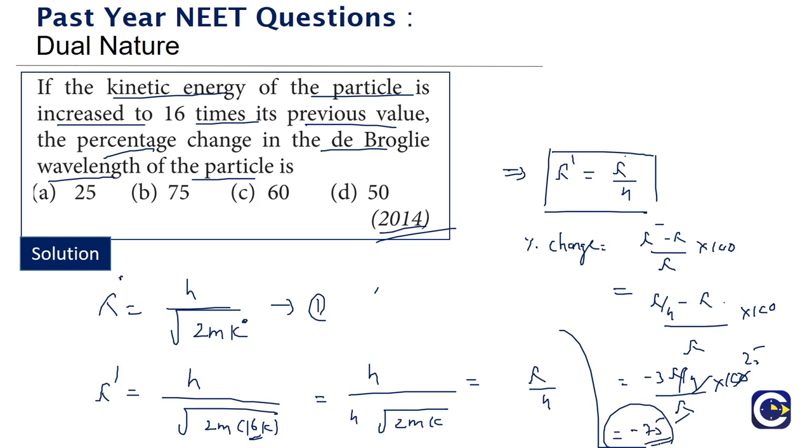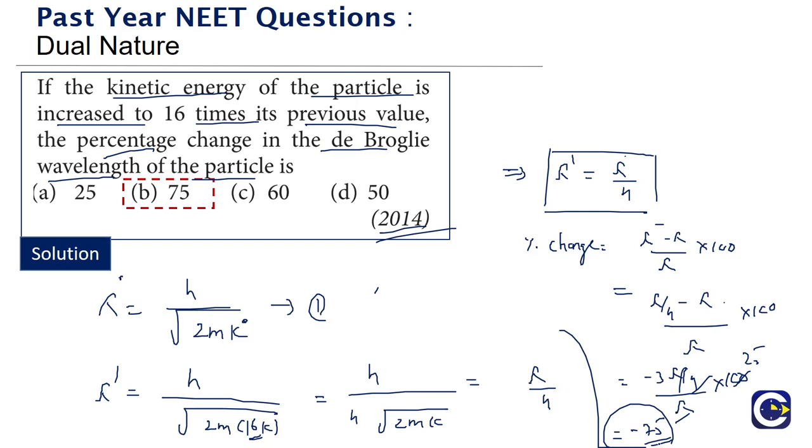Now, this indicates a negative percentage change. So the de Broglie wavelength is decreasing by 75%. But since the minus or plus differentiation is not given in the options, the option that we will choose is option B, which is 75%.